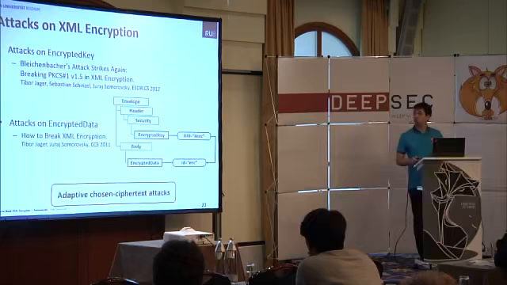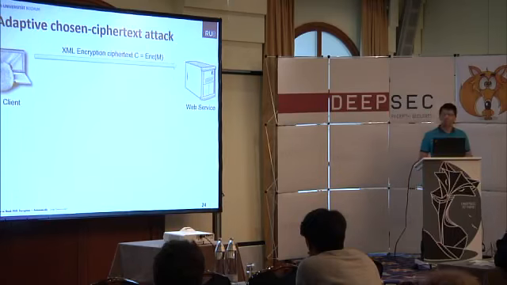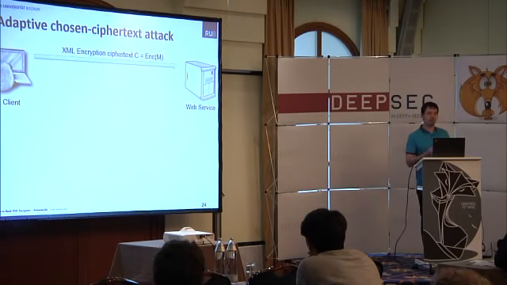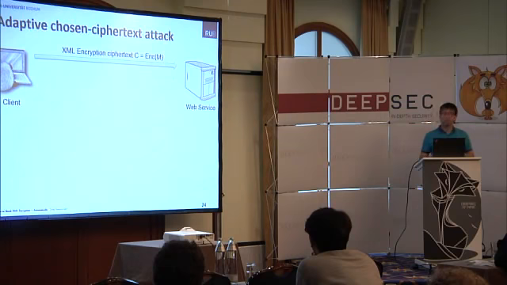What does it mean? So what is an adaptive chosen ciphertext attack? Imagine we have a client and a server, and the client sends some confidential data, some ciphertext, to the server. This is just a basic scenario. How does the attack work, or both of the attacks? We have an attacker who eavesdrops this ciphertext, or maybe finds the ciphertext with confidential data.